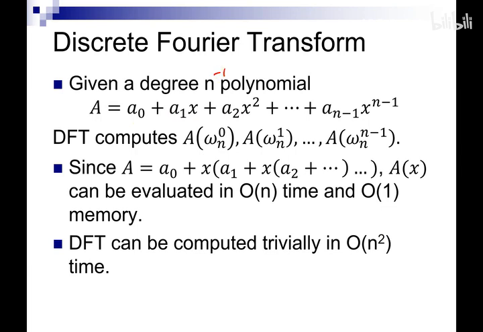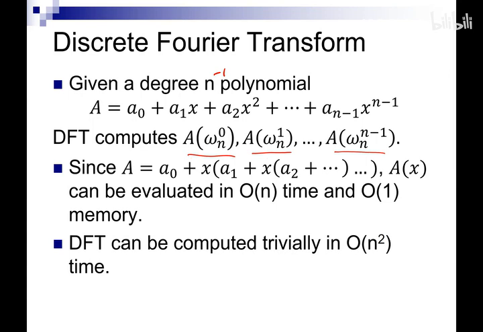Sorry, this is a degree n minus 1 polynomial. Then the discrete Fourier transform simply wants to compute the value of this polynomial for inputs omega n to the 0th power, omega n to the first power, and so on. So it wants to evaluate this polynomial at all of these nth roots of unity. This is what we're trying to do when you compute this discrete Fourier transform. We simply want to compute these n values over here.